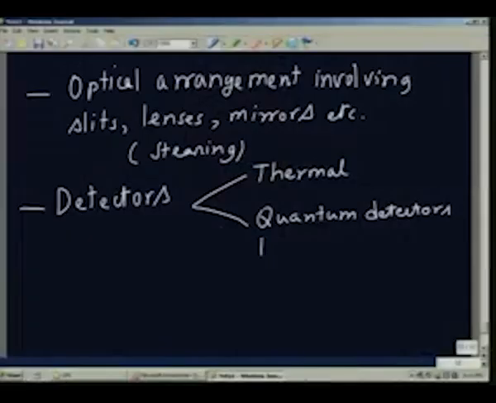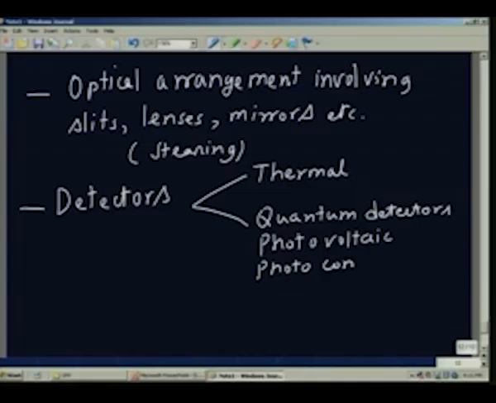So, we can say here usually photovoltaic and photoconducting, that means the resistance of some element is going to change in the presence of a radiation field, or it may be photomultipliers.